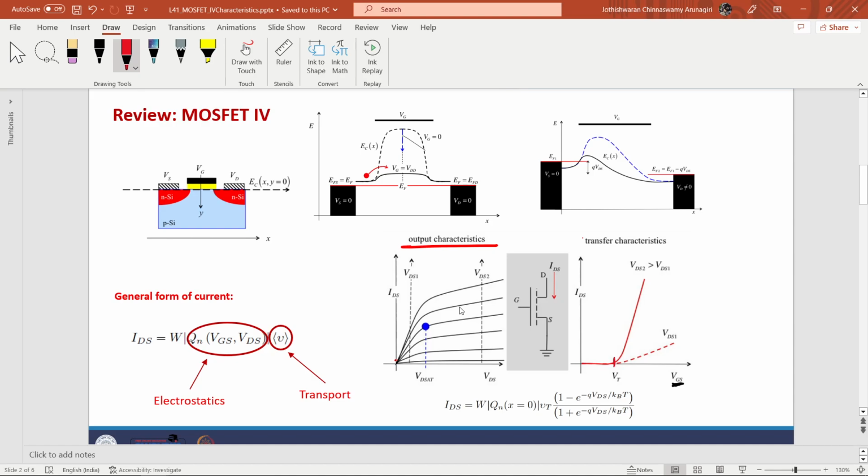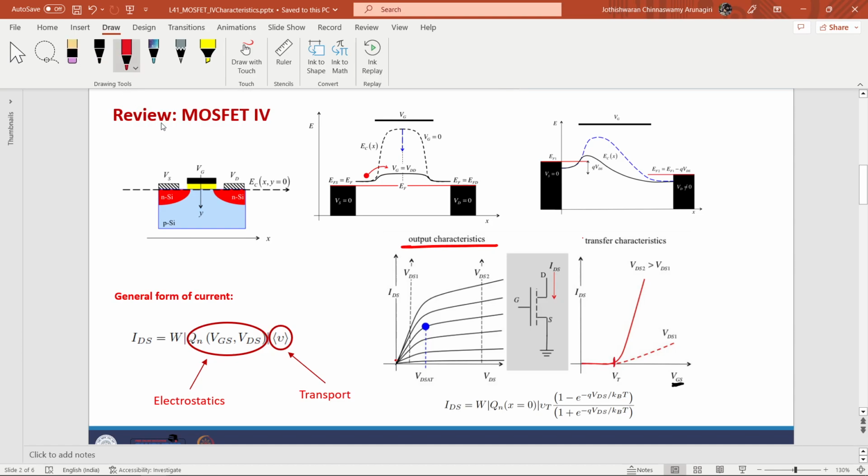Will the length of the channel change the threshold voltage? Ideally, it should not, but in a realistic device it may have an influence, although quantifying that influence might be slightly difficult, it might be non-trivial.